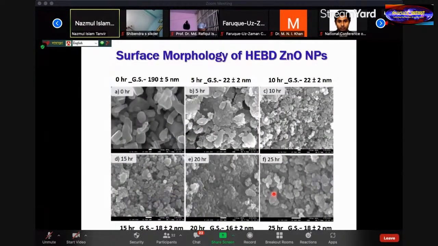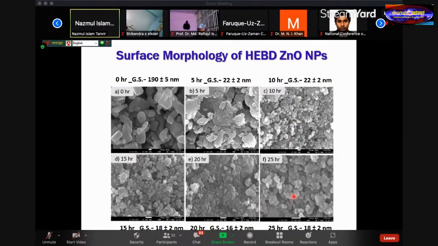And this is the surface morphology of high energy ball mill derived zinc oxide nanoparticles. From the surface morphology analyzed by FESEM, we can see that with increasing ball milling duration, the grain size of zinc oxide powder is reduced constantly, but for 25 hours it increases because there is probably some agglomeration between the grains.